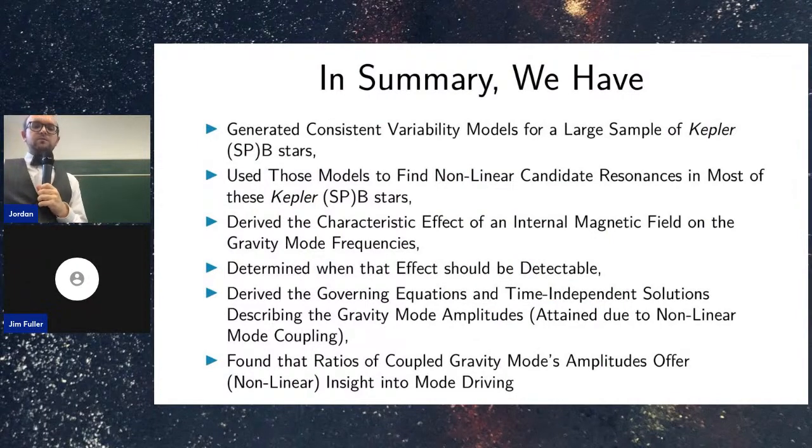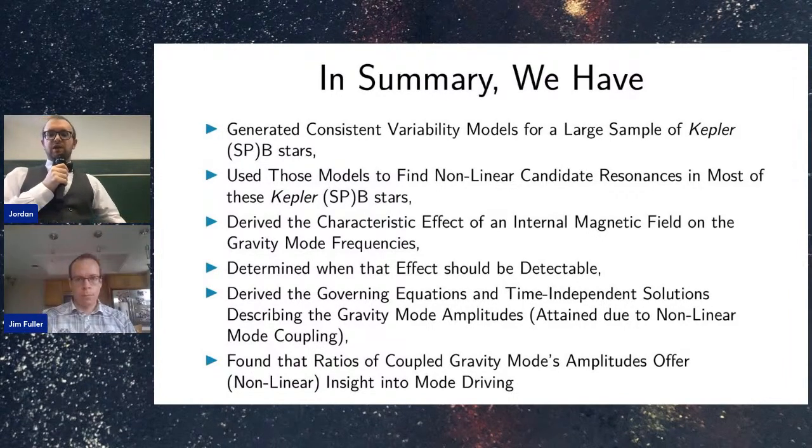In summary, we have our result, and we can say that we have generated consistent variability models for a large sample of Kepler SPB stars. We then use those models to find nonlinear candidate resonances in most of these SPB stars measured by Kepler.